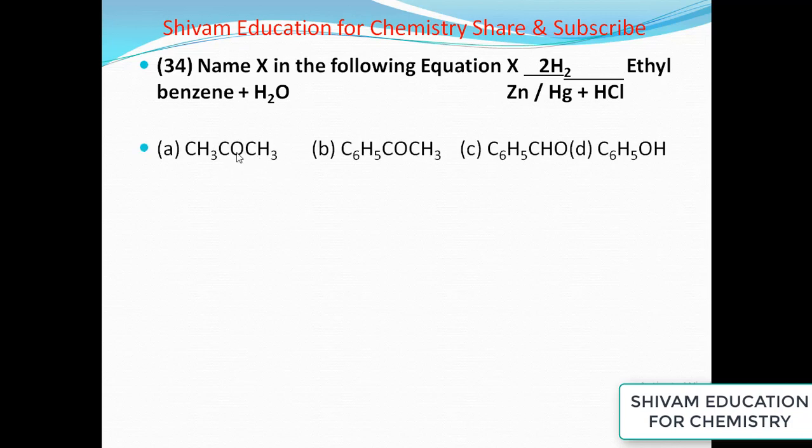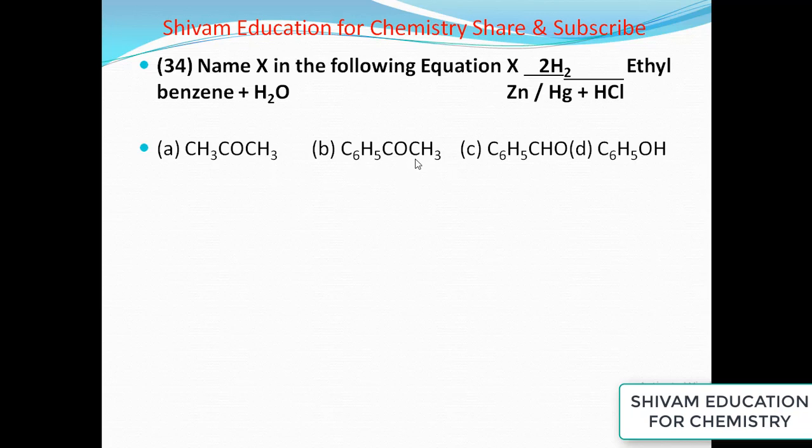So here ethyl benzene we get, then the benzene ring having a 2 carbon atom containing species should be there, so it will be B. This reaction is Clemmensen reduction reaction. In Clemmensen reduction reaction, this carbonyl group will be converted into methylene group CH2. So answer of this question is X is nothing but acetophenone, B, C6H5COCH3.